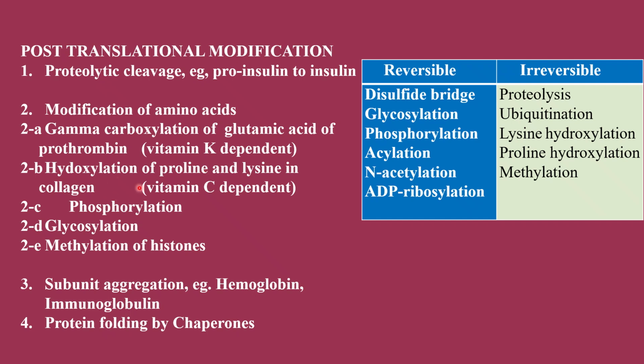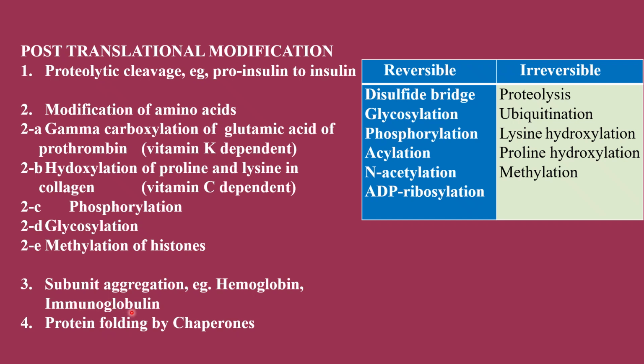Then hydroxylation can be there, for example proline and lysine in the formation of collagen, they get hydroxylated, and that is a vitamin C dependent process. You have already learned it many a time. Then phosphorylation can happen, then glycosylation can happen, then methylation of histone proteins happens.